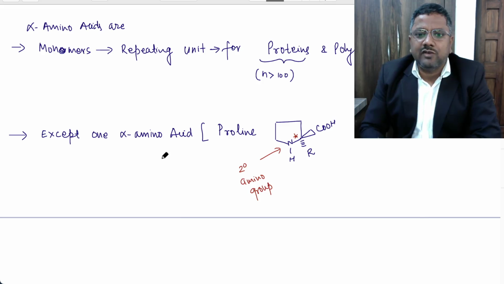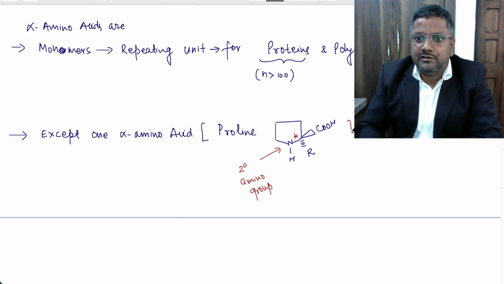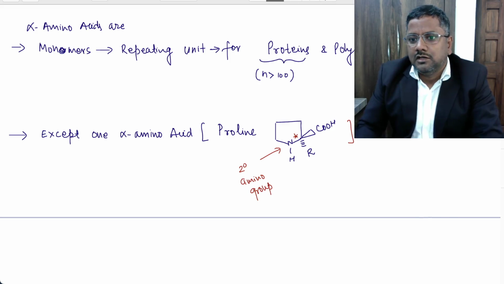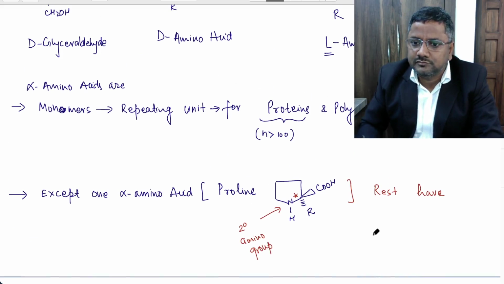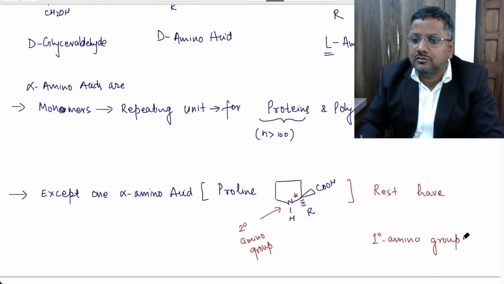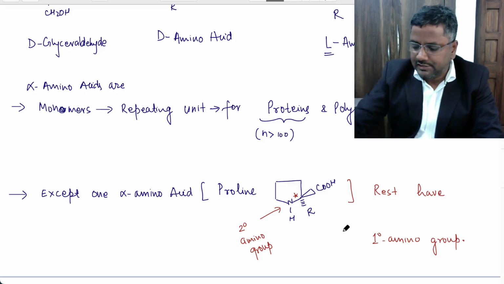So except one alpha amino acid, that is proline, the rest have a primary amino group.